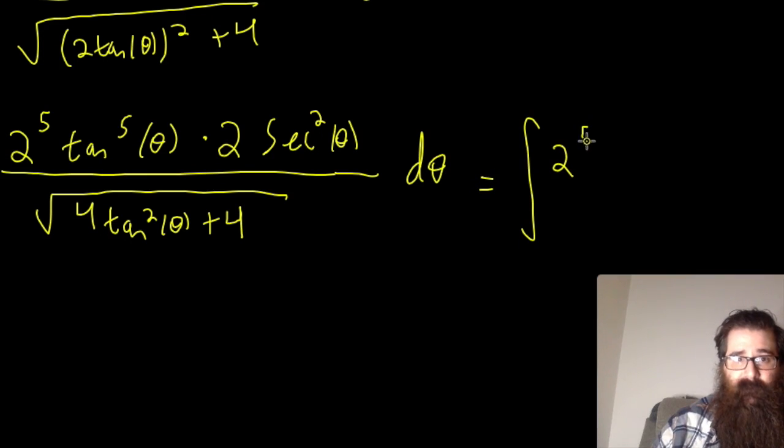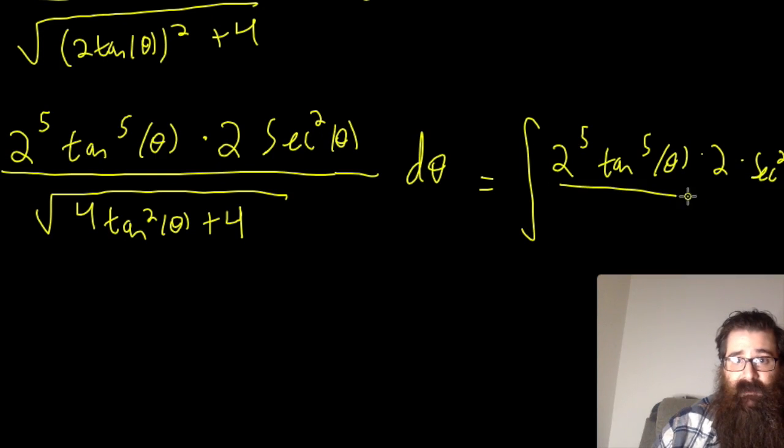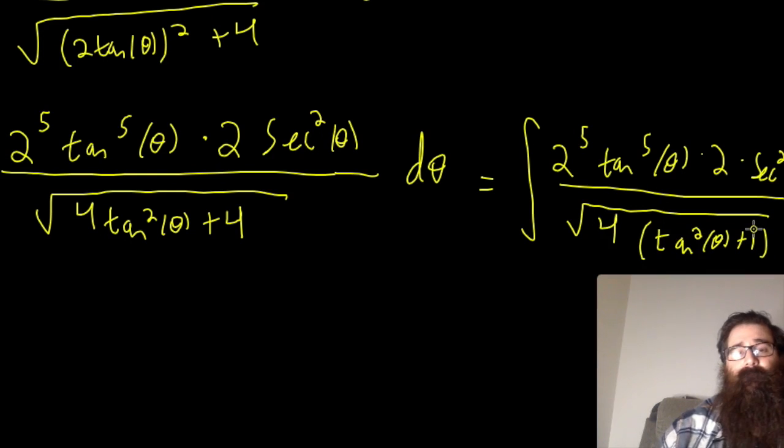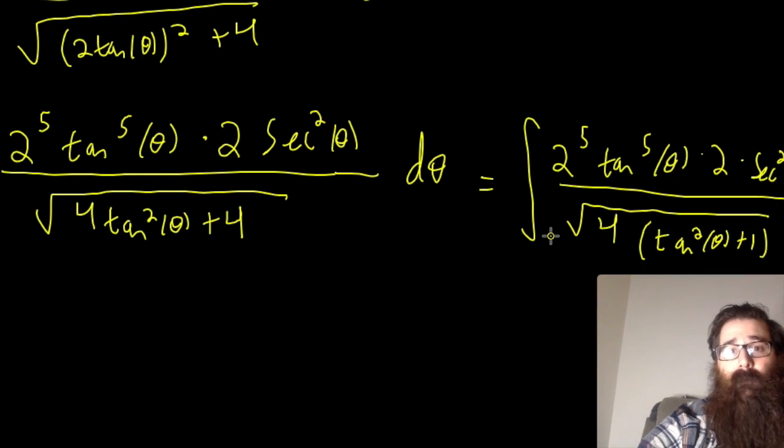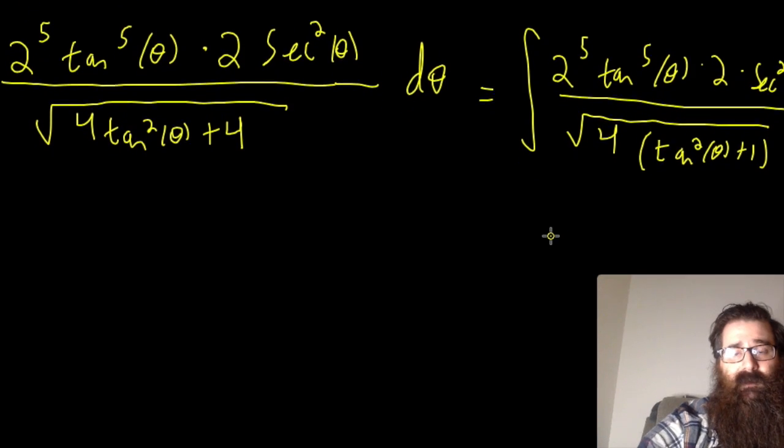Here I have 2 to the 5th, tangent to the 5th theta, times 2, times secant squared theta, but the d theta over there, all divided by, here I have square root of, let me factor the 4 out, and I could say 4 times, in parentheses, tangent squared of theta plus 1. And this is going to be helpful, right? This is what I'm going to need to work with in just a bit.